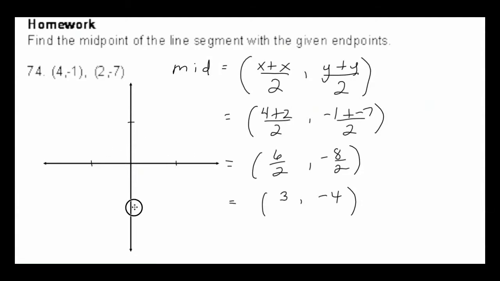That helps us to estimate where we're going to be. So over 4 would be right about here and down 1. Over 2, so right about here and down 7. So if we were to draw this segment right here, the midpoint would be somewhere about there. Okay, and so if we look at our answer, 3, -4, that sure looks like it, over 3 and down 4, so it looks like we did it right.